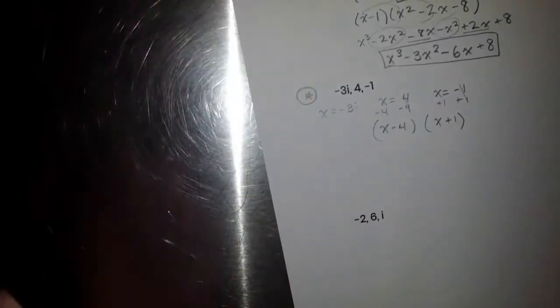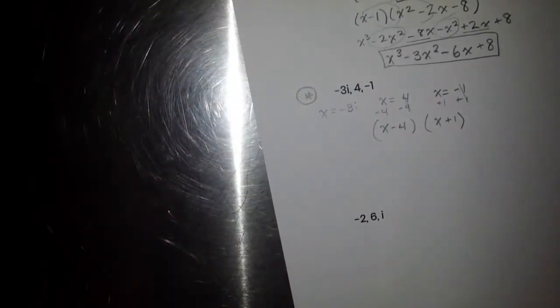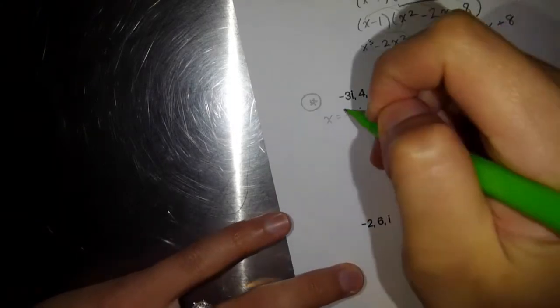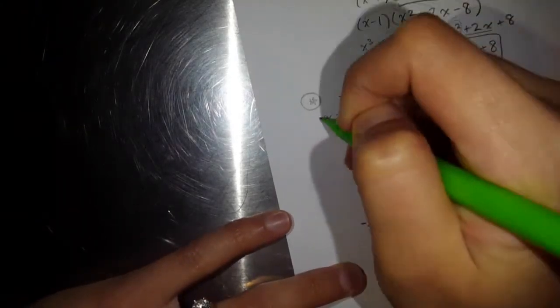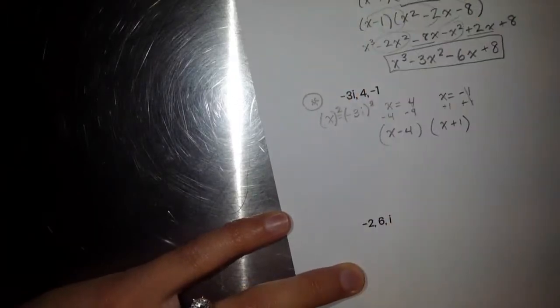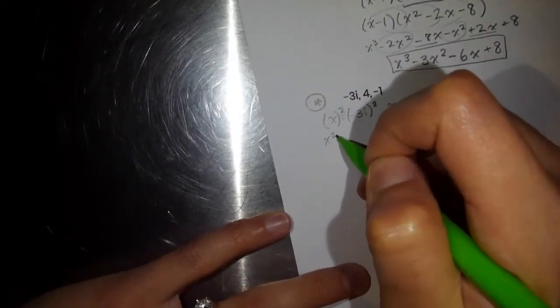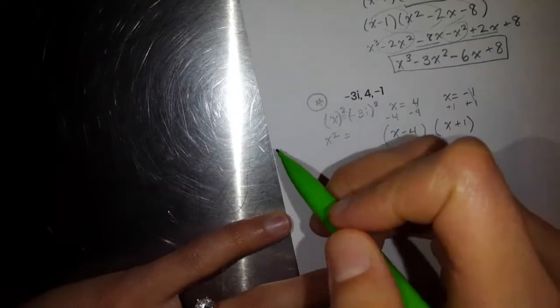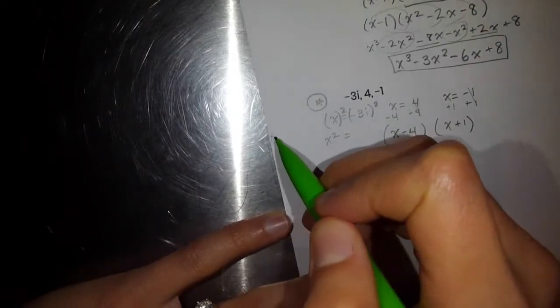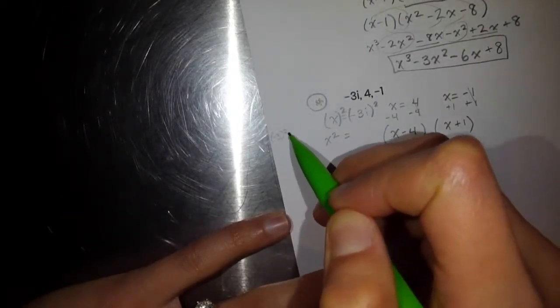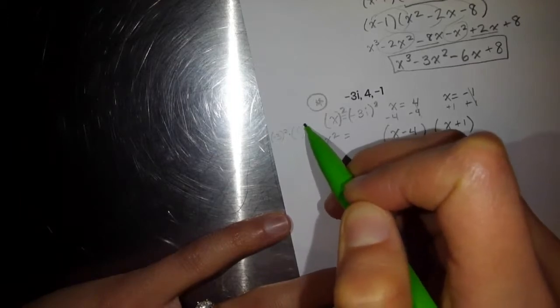And then the 3i. I don't want to leave i in my final answer. The way we can get rid of i is by raising it to a power. So I know if I just square this, i squared is equal to negative 1, and that's how I can get rid of i. So x squared equals, off to the side here, negative 3 squared and i squared.